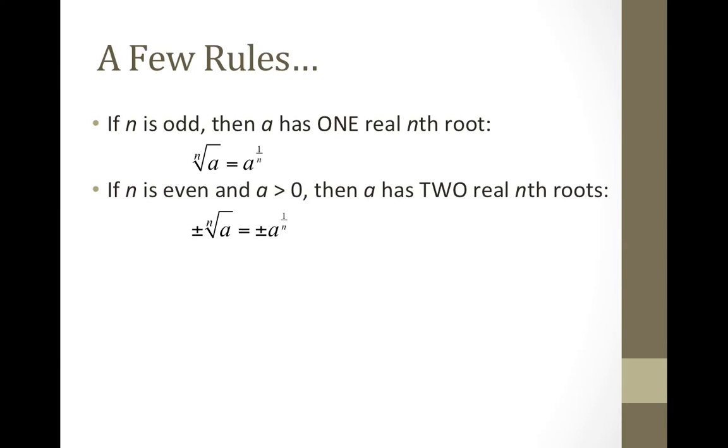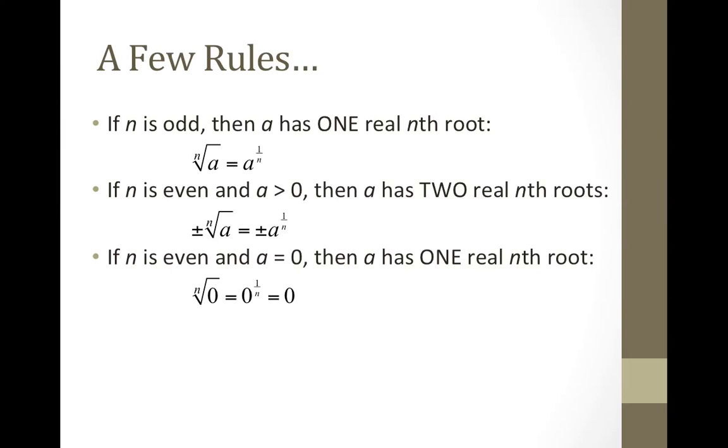If n is even, however, then we have some different possibilities. So if n is even and my a is positive, then I would have two real nth roots. Notice that plus or minus out in front. That should look familiar from the square rooting that we've been working with. So that indicates that we have two real nth roots.